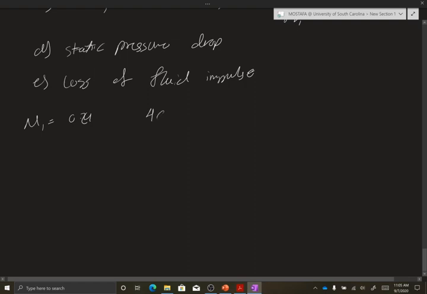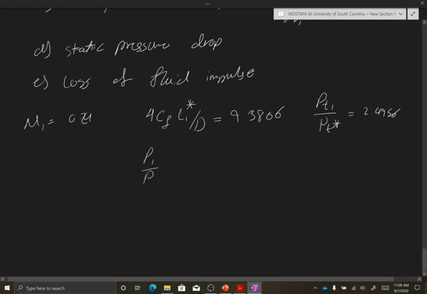The first column gives you 4CF L star over D to be 9.3866. Total pressure over PT star is 2.4956.